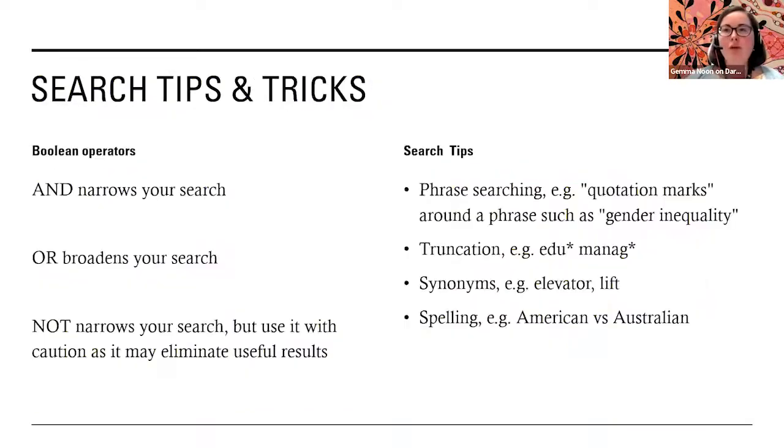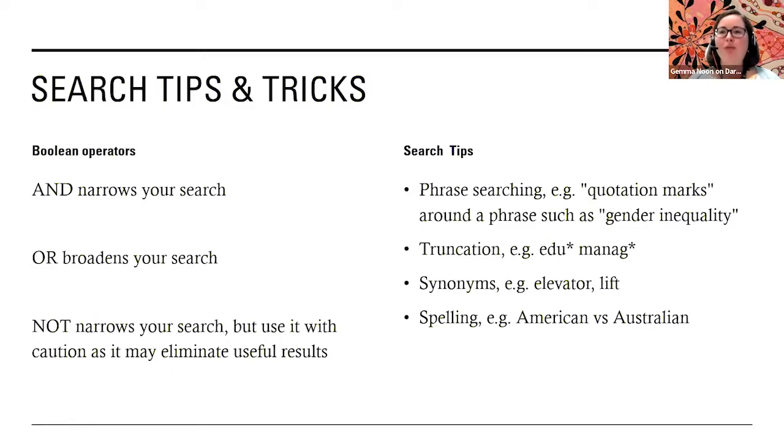So the next thing I'm going to talk about is putting all of this together. We have a few more search tips that you might want to use when you're constructing your search. Now, you remember from the previous slide that quite a few of our keywords were actually phrases. So we've got two or more words that we want to keep together in the order that we've typed them to keep that concept in context.